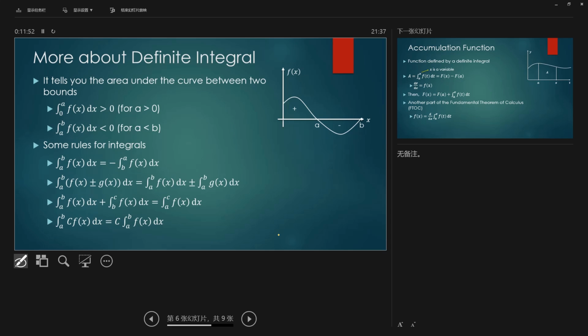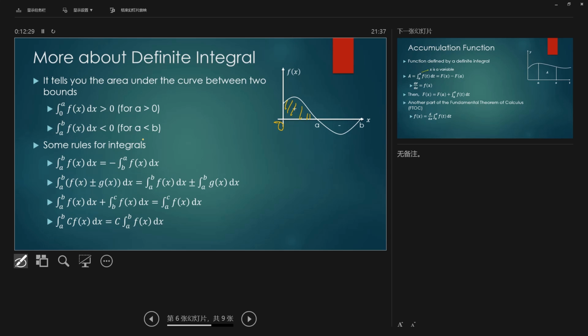And for the next one, what about the definite integral? Alright, so in the graph, we can see the area under the curve but over the x-axis, as the integral from 0 to a is larger than 0. Okay, this integral is larger than 0, so it's over the x-axis and it's positive, right?